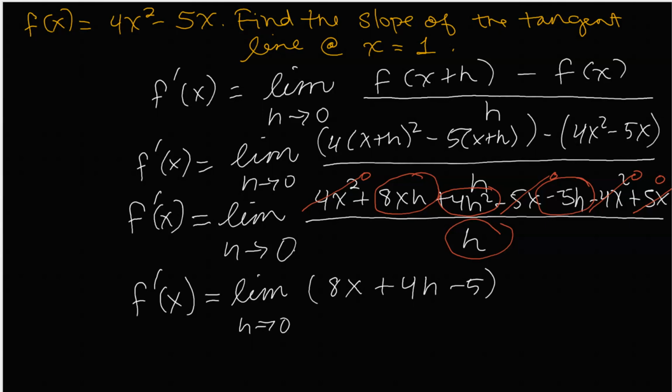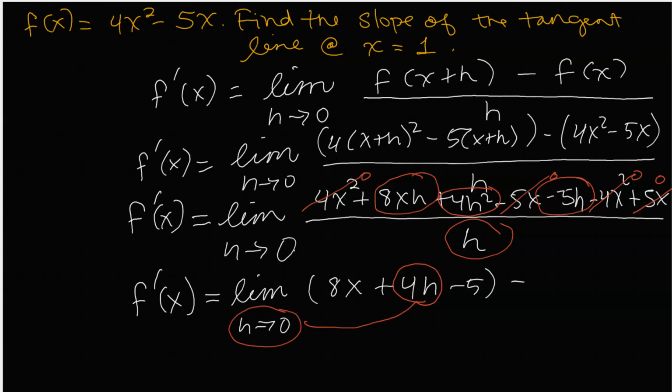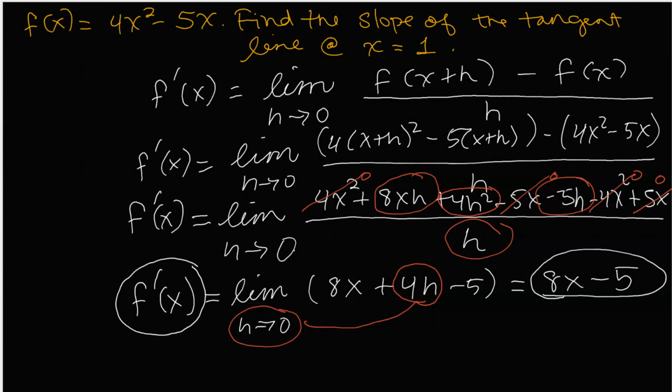And when h is approaching 0, the 4h term is going to be very close to 0. So the limit is going to equal 8x minus 5. So we are saying the derivative function is 8x minus 5. Therefore, if you were looking for the derivative evaluated at 1, you can just put 1 in where x is. So I have 8 minus 5, which is 3.